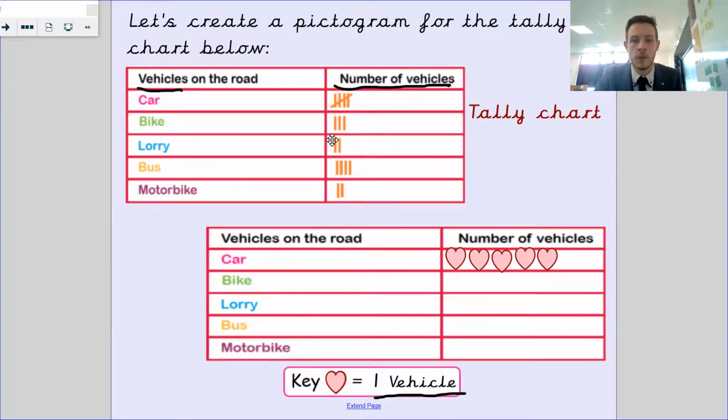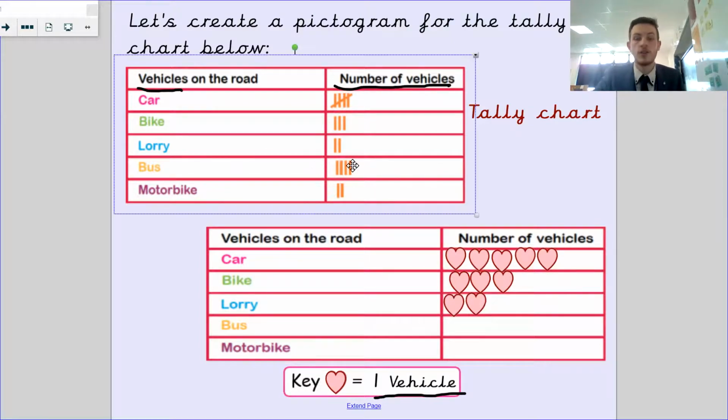Let's try bike now. How many have I got for bike? 1, 2, 3. So I need to put 1, 2, 3 hearts, making sure that they're nice and clear there. How many lorries do I have? Well, I've got 1, 2 lorries. How many buses went past on the road? 1, 2, 3, 4.